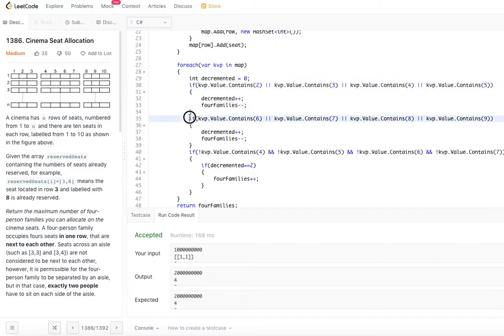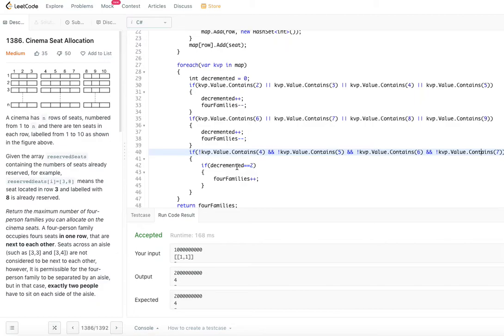And the second case is if 6, 7, 8, or 9 is booked; even in that case we are decrementing. And if the value doesn't contain 4, 5, 6 or 7, and decremented is also equal to 2, that means for example 2 is booked and 8 is booked.